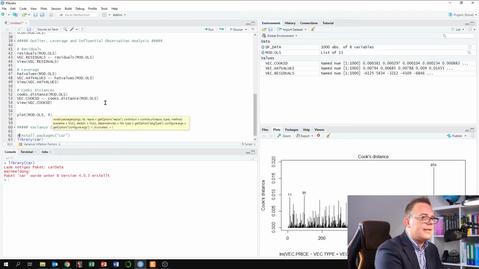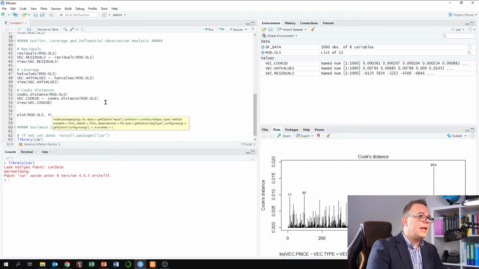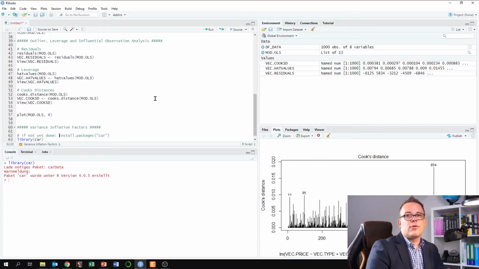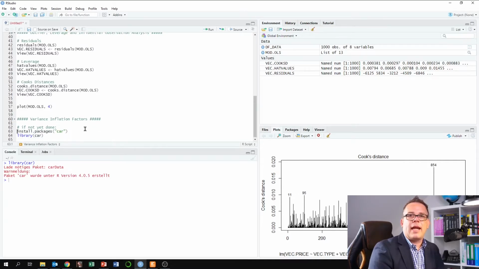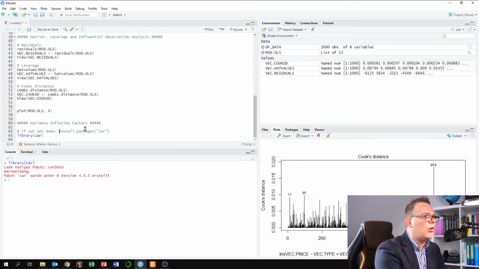I just comment it out, and write "if not yet done, install packages." I always put it there because I often share my code with students or with colleagues, and they just have to hit enter, and then they have the install package command there. They will be reminded to install it, otherwise they will run into an error message, and this one is really of help.